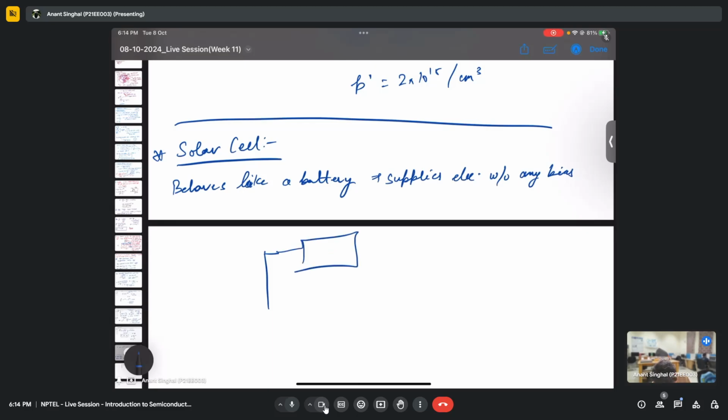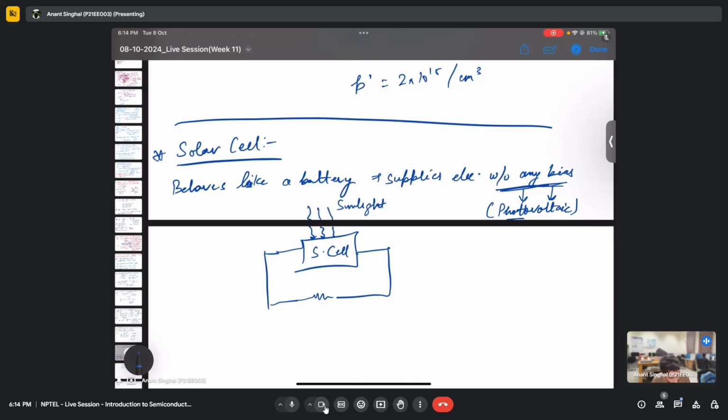So let's say this is solar cell, and it has some internal resistance, but the energy that it is getting is from sunlight. So the sources which supply electricity without any bias are known as photovoltaic. Without any bias is the voltaic part, and photo means due to the sunlight.